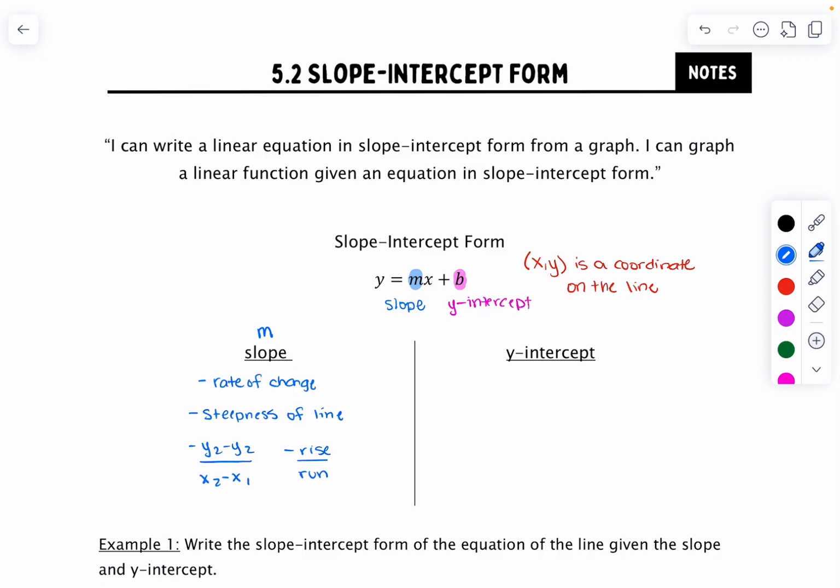Y-intercept is similar. Y-intercept we call b in the equation, but the y-intercept is more specifically where this line touches the y-axis on a grid. It's also your starting point when you graph.